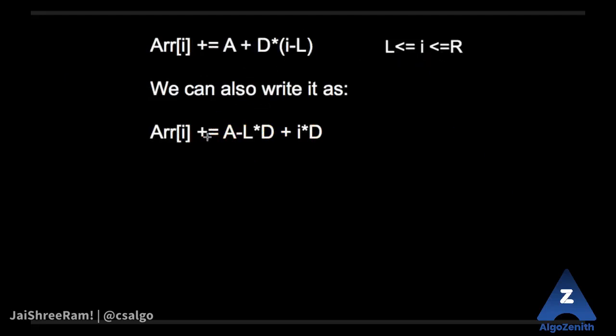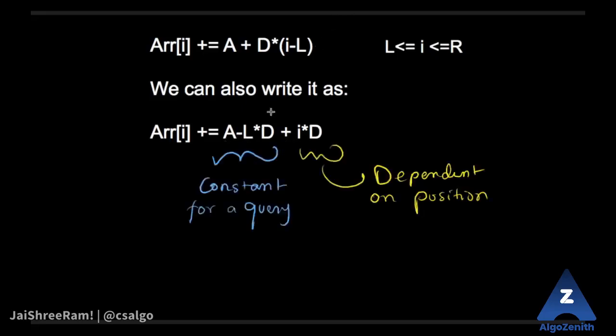We can also write it by opening up this bracket and shifting things from L to the second term. You get A minus LD plus I times D. If you look at this carefully, there are two parts in this expression: a minus LD part and an I times D part.